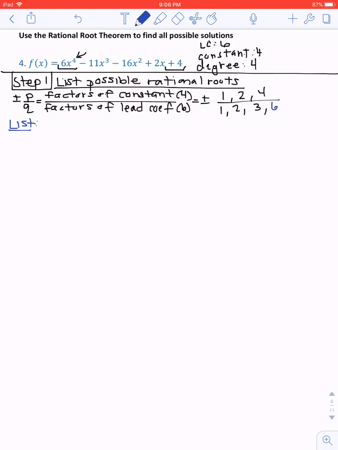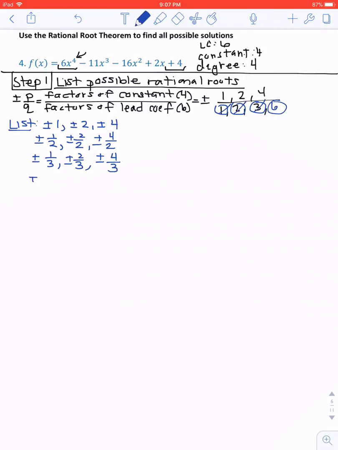Okay, so list them all out. I'll write them also. Hopefully your list matches mine. Make sure you use all of the denominators with each of those numerators.